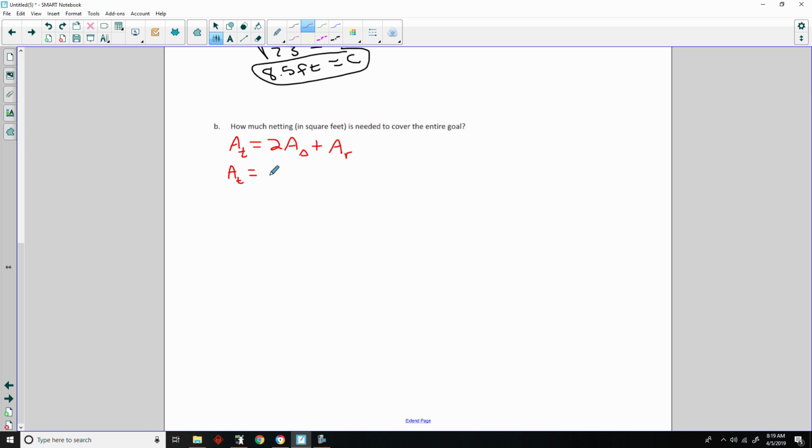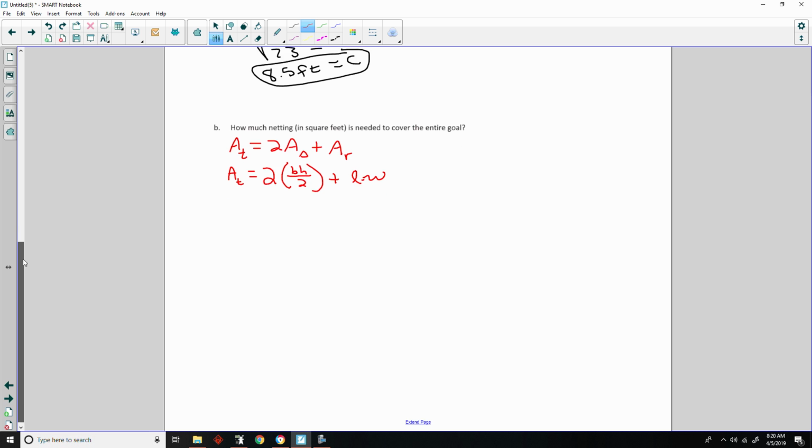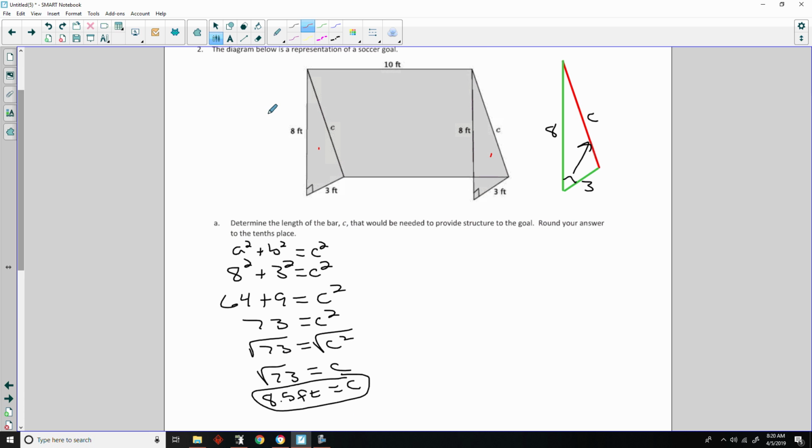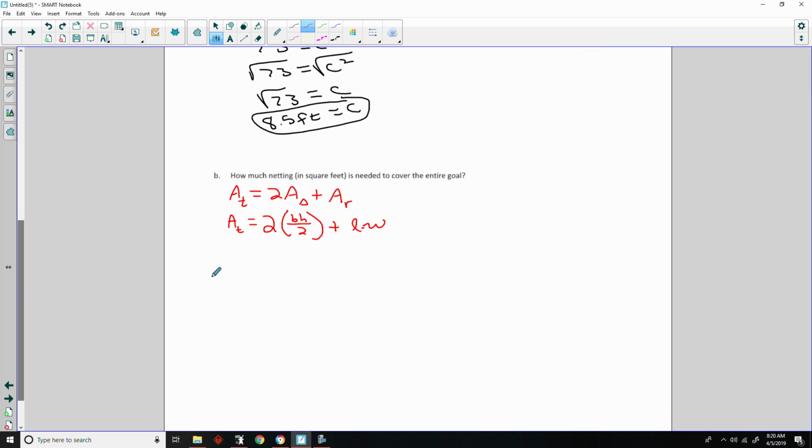The formula of a triangle is, so there are 2 of them, base times height divided by 2, plus the area of a rectangle, which is length times width, or base times height, whichever you're comfortable with. Doesn't matter. Then I substitute in my givens. My triangle is a base of 8 and a height of 3, or a base of 3 and a height of 8. It doesn't matter which way you look at it.